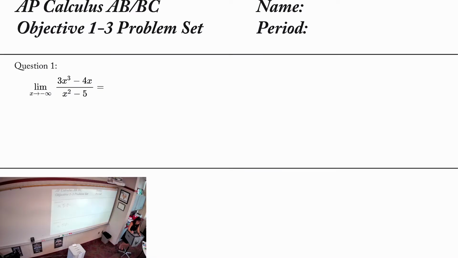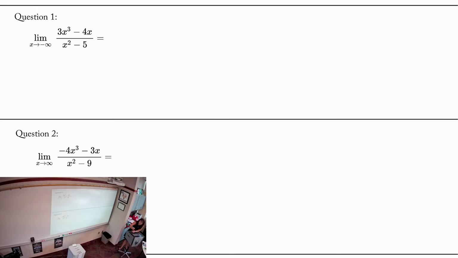If I can find it. Okay. Cross out everything but your leading terms in the numerator and the denominator. So I get the limit, x approaches negative infinity, 3x cubed over x squared.